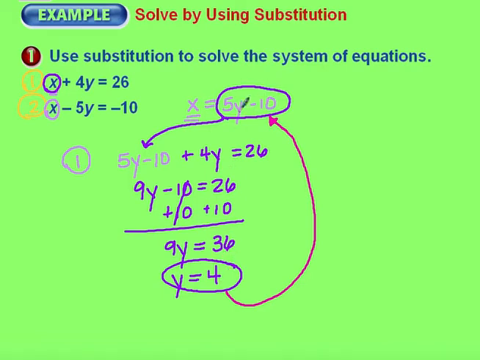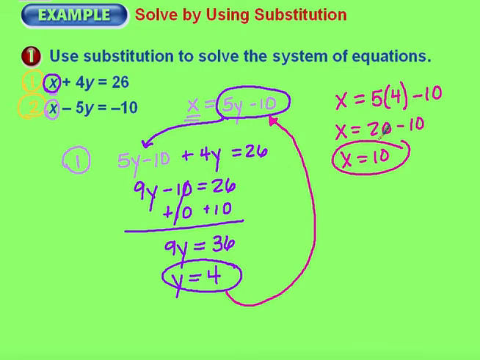So if x is equal to 5y minus 10 and I know y is 4, I replace that. So x is equal to 5 times 4 minus 10, or 20 minus 10, and that gives me x equals 10. So the ordered pair that satisfies this system of equations is (10, 4).